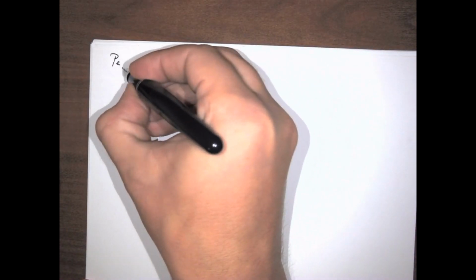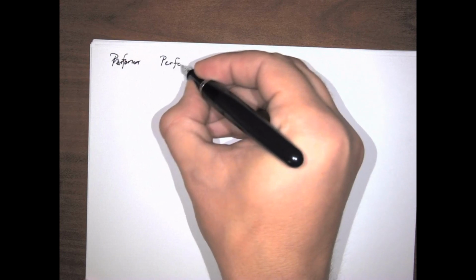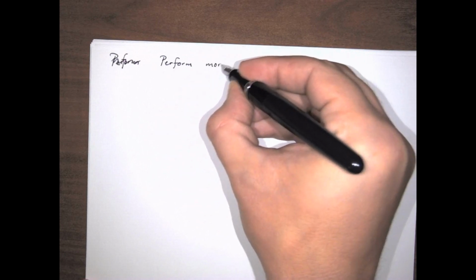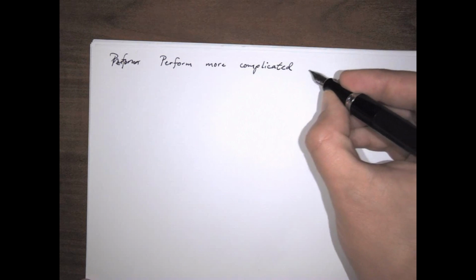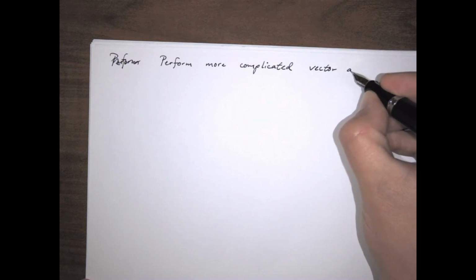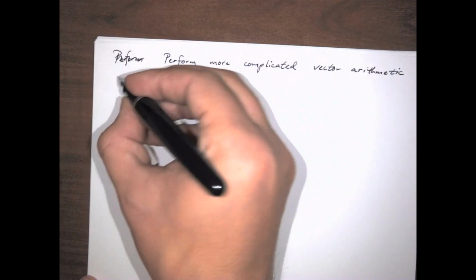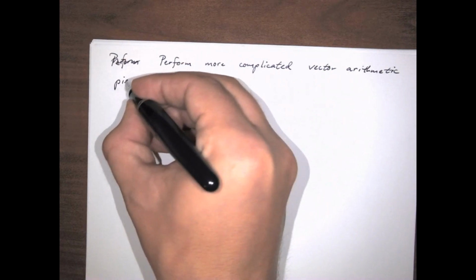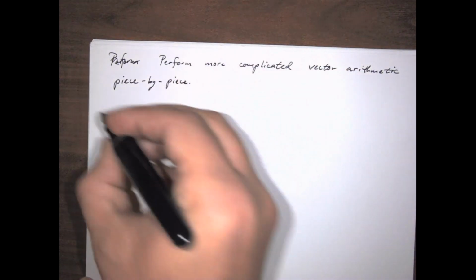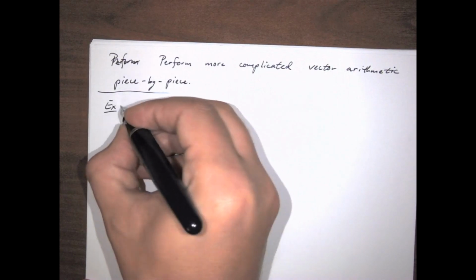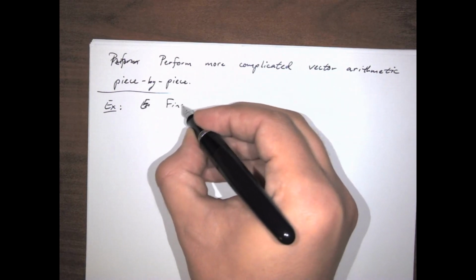So perform more complicated vector arithmetic piece by piece. So for example, find each expression.